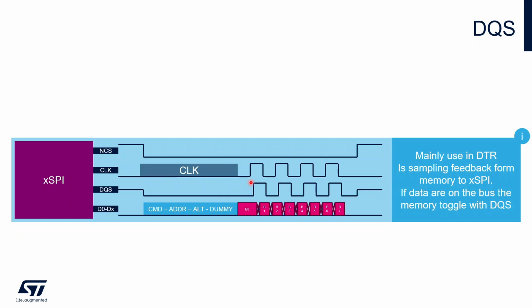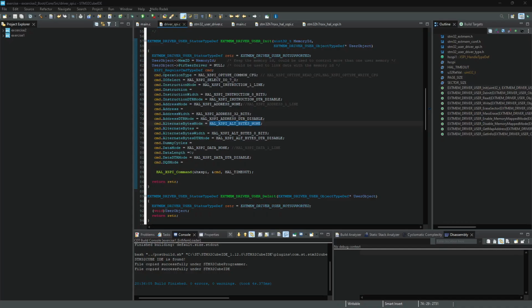And the memory is sending this signal into the XSPI to tell it now you can sample the data, which can effectively increase the compatible memories and also increase the frequency. In our case, it's mainly used in the dual data rate, the DTR mode, where it is quite recommended to use this option. In our case, we're using standard SPI, so we will not use this option and we will disable it. Now we can set the DQS to disable.